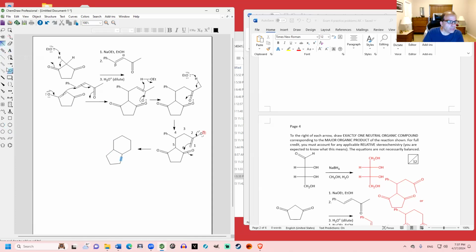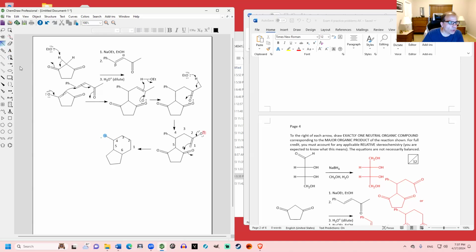Carbon 6 is this one. This is carbon 1. This is 2. Three and 4. And then carbon 5 hasn't moved. It's still here. So let's see now.